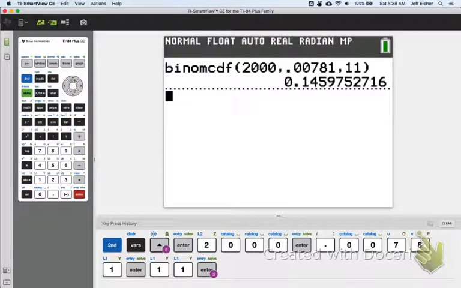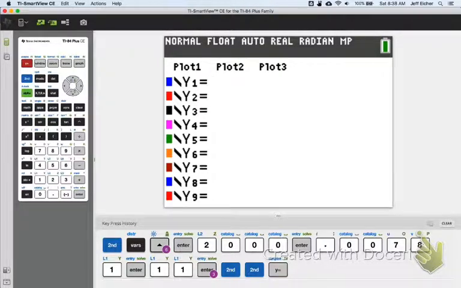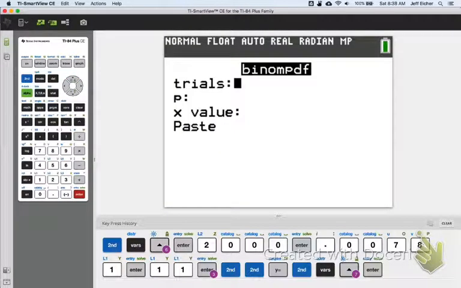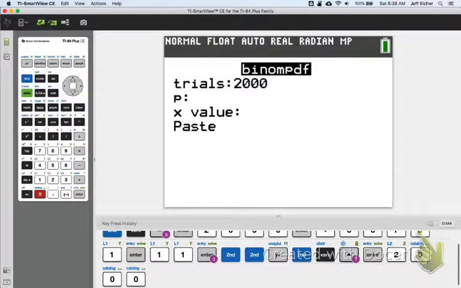if you'd like to see all those particular probabilities, probability of 0, and then 1, and then 2, if we go to y equals, and if we type second vars, and do binomCDF, because we want to see the particular ones, our sample size is 2,000.